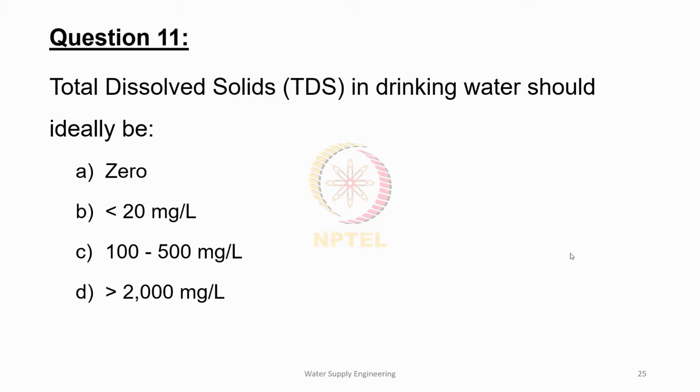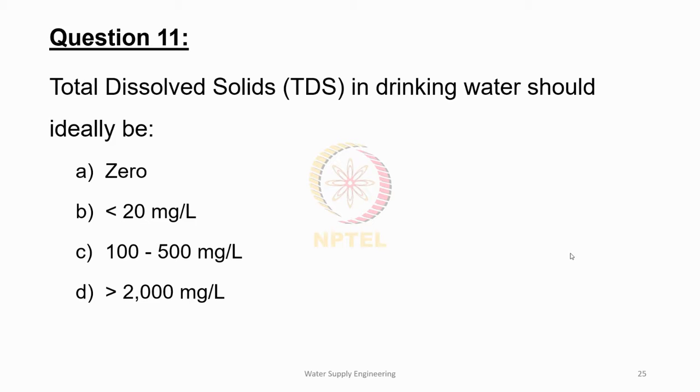Total dissolved solids, TDS, in drinking water should ideally be: option A, 0; option B, less than 20 milligram per liter; option C, 100 to 500 milligram per liter; option D, greater than 2000 milligram per liter.